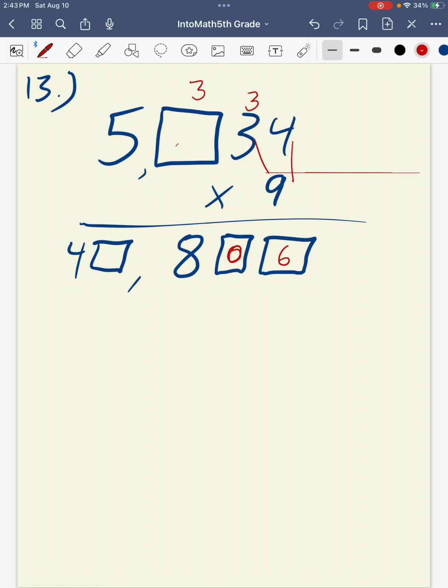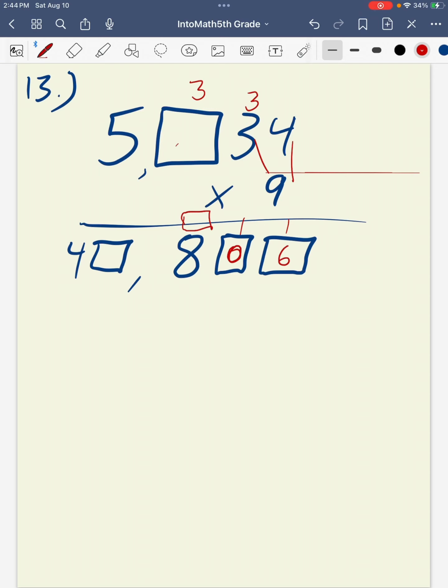To help me out with this, I've gotten my 6, my 0, and I know that this number in my hundreds needs to equal an 8 when I add it to a 3. In thinking about my multiples of 9, anything that will add up to 8 with a 3 must have a 5 at the end of it.